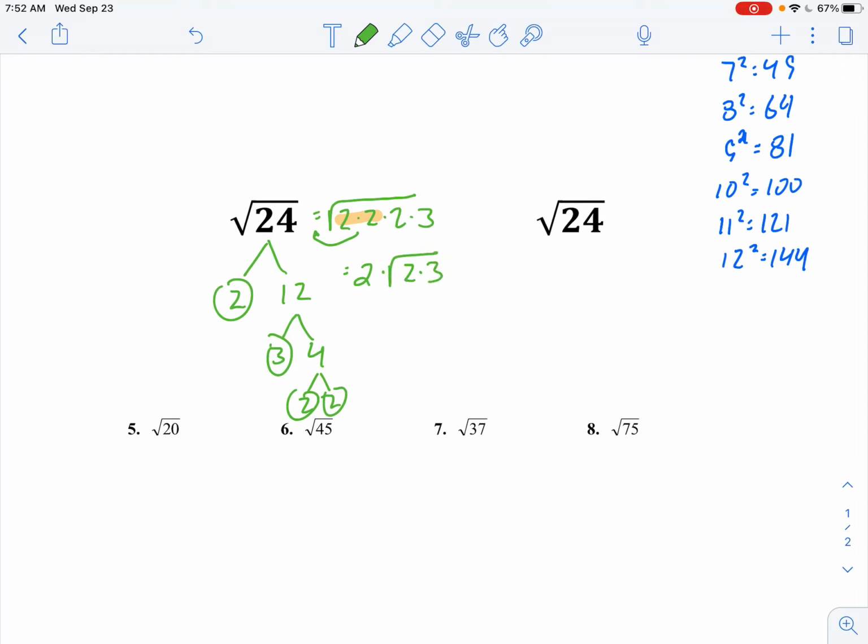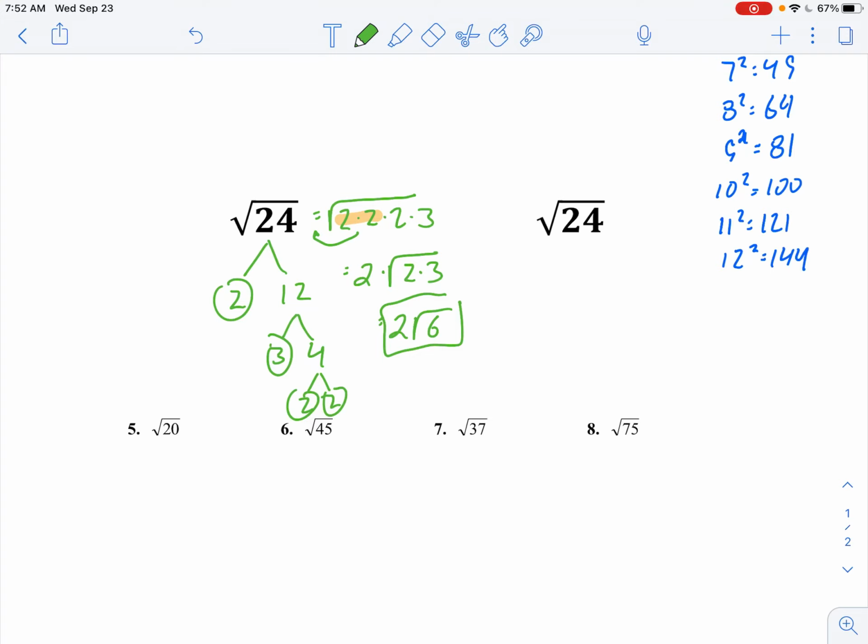Now this last 2 and the 3 did not have a partner, so I can just multiply them underneath the radical and get 2 times the square root of 6, or 2 root 6, some people say for short. So that would be a simplified version of the square root of 24.